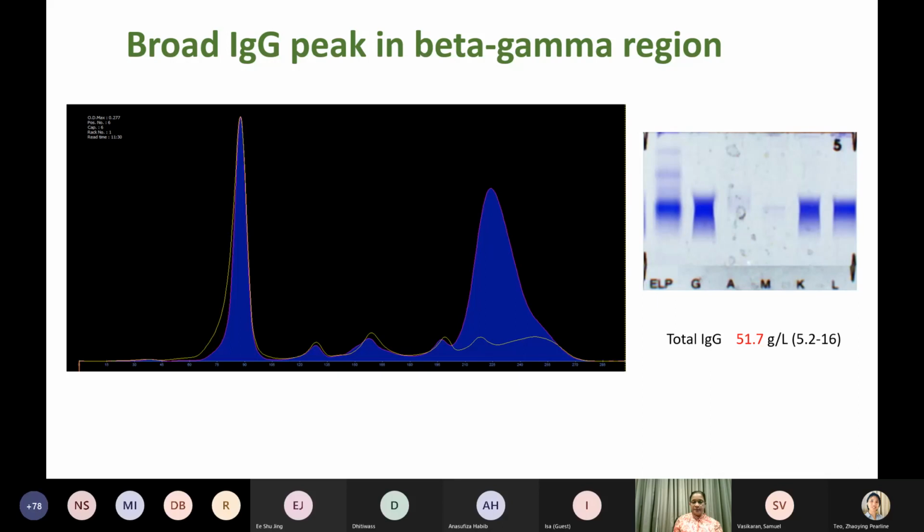So next patient. This is a 50-year-old male. We got a request for serum protein electrophoresis from a rheumatologist, and clinical notes mentioned elevated immunoglobulins. So any thoughts on this one?